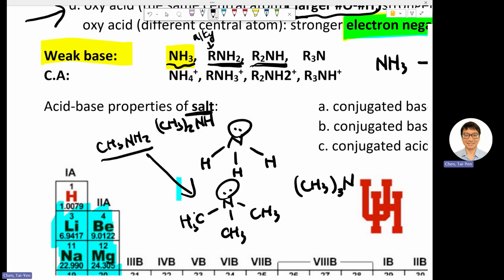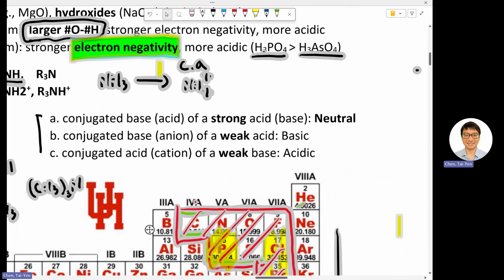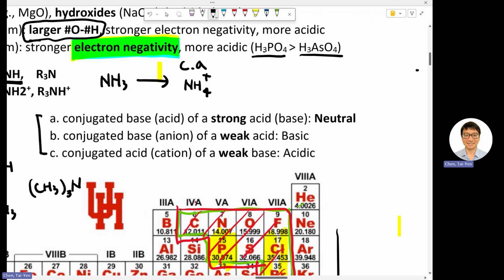Okay, the salt is another thing that we need to know. Once you dissociate it, it's going to form an acidic or basic solution. And this comes with these three very lengthy descriptions. The first thing says that the conjugate base of a strong acid is neutral. Okay, so what does this mean?